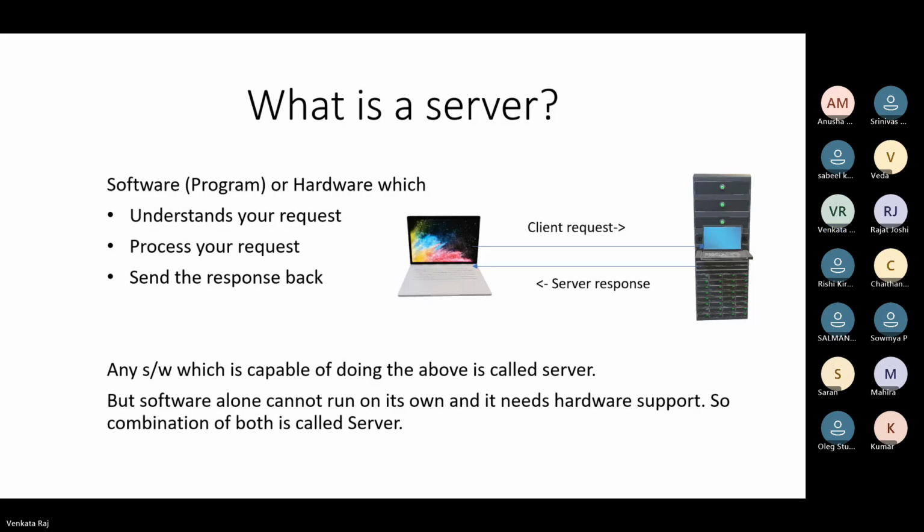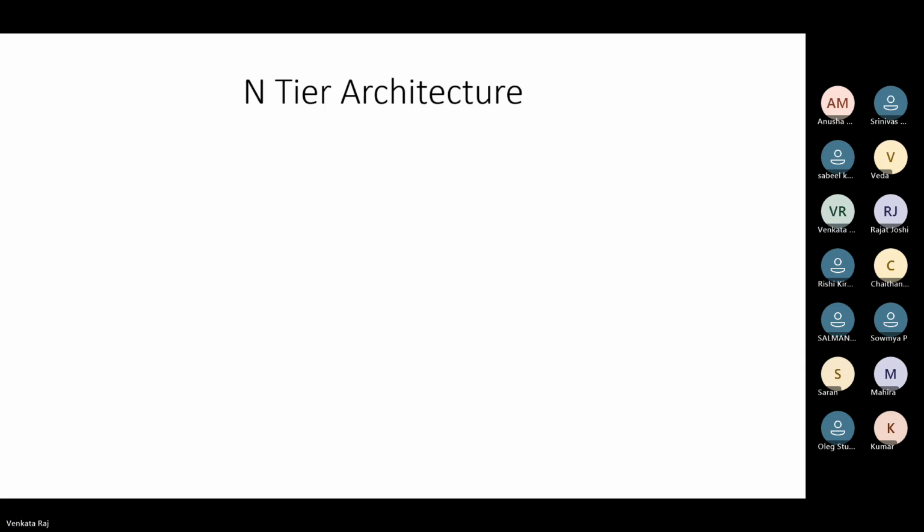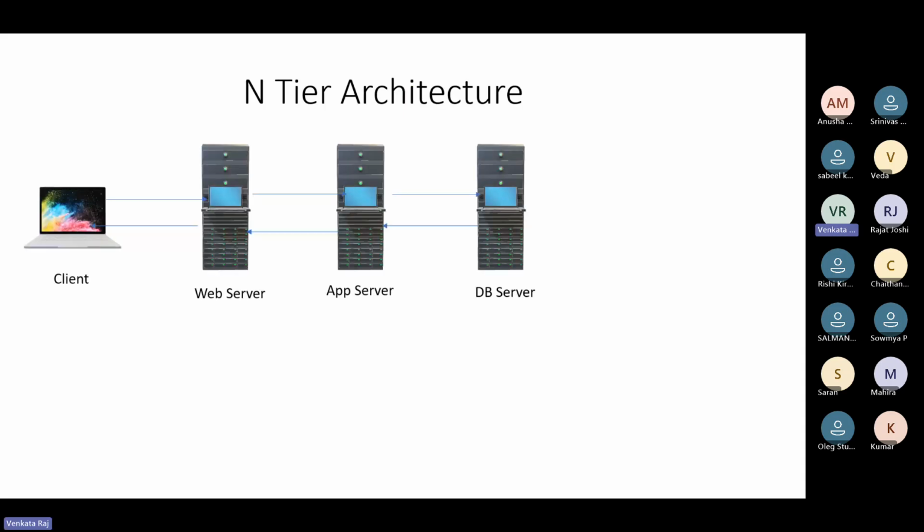Now, generally in our project architectures, you will see these kind of components. One is a web server, the other one is an application server, the third one is a database server. Now, when you click a link on the client machine, immediately a request will go to the web server.